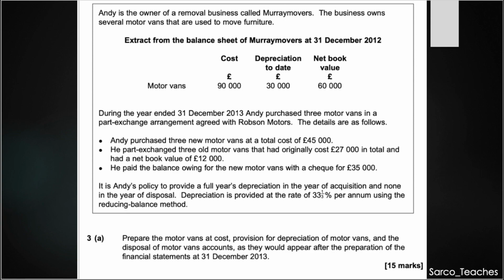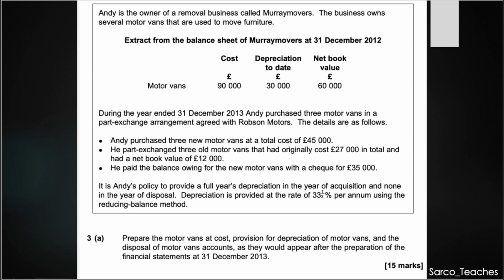Andy purchased 3 new motor vans, which cost 45,000. He part exchanged 3 old motor vans that originally cost 27,000 and had a net book value of 12,000. Then he paid the balance owing for the new motor vans with a cheque for 35,000.